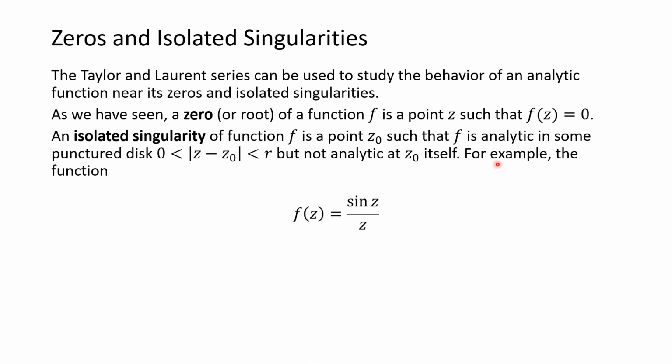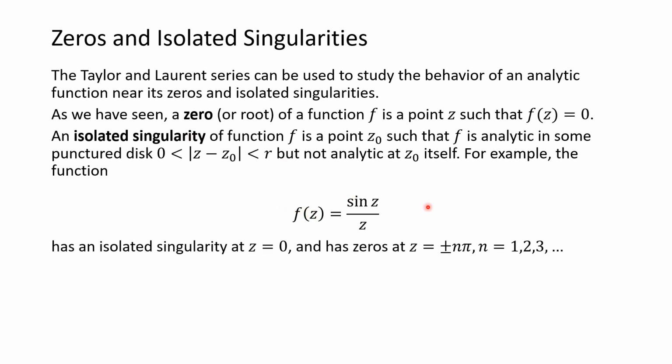So we have an example here of sine z over z. At the point z equals 0, we have this isolated singularity where the function is not defined, but anywhere outside of the point 0, we do have a defined function. So z equals 0 is an isolated singularity for this particular function.